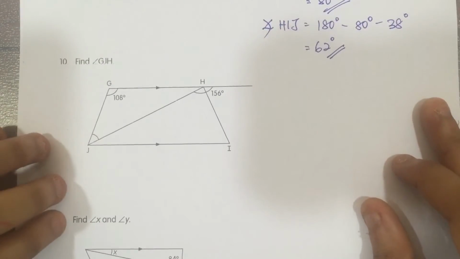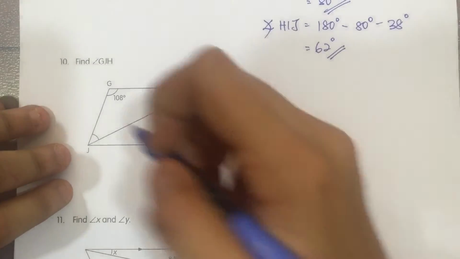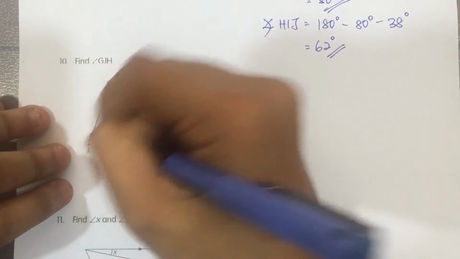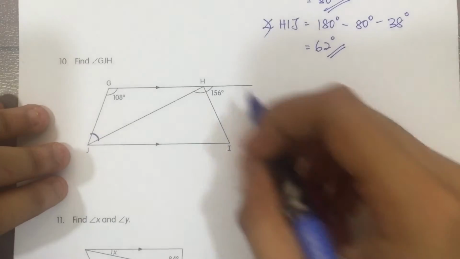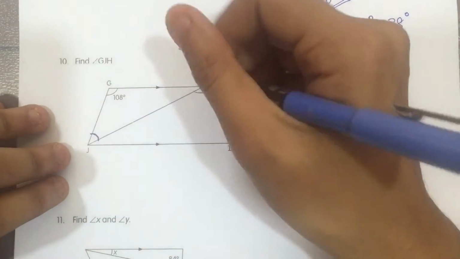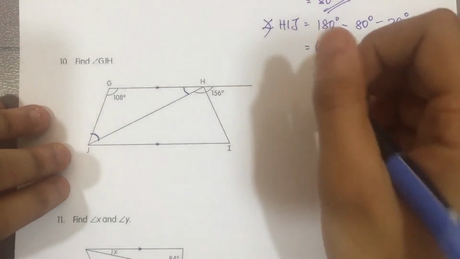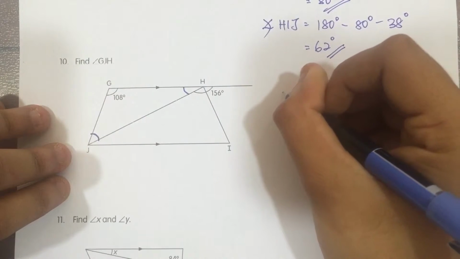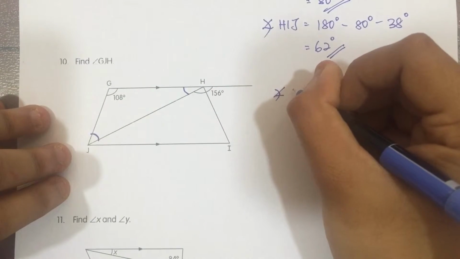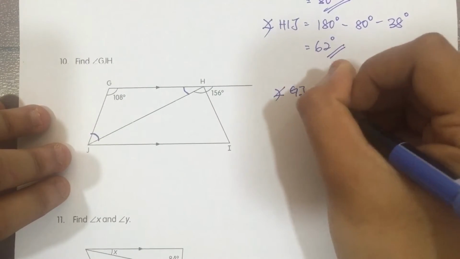Next, find angle GJH, sorry, here. So this is 156. I can find this angle here using angles on a straight line.